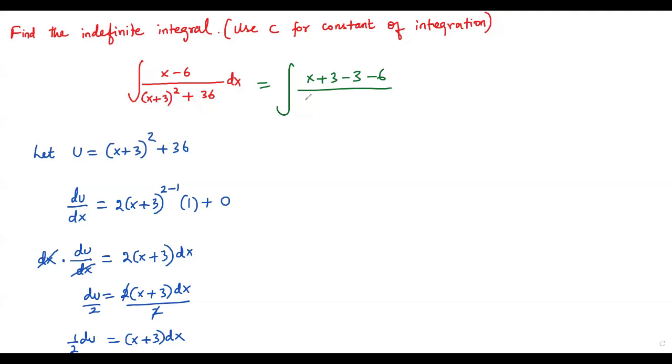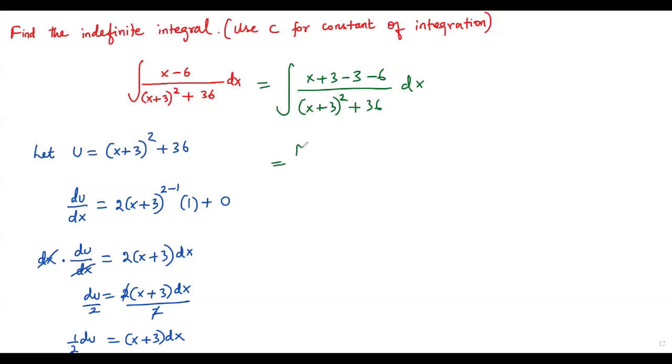Now let me write the denominator as it is, that is (x + 3)^2 + 36, times dx. So here I just write this x and the negative 6 as it is. What I did is I just added 3 and, to balance it, I subtracted 3. If I simplify this, it is still equal to the original x - 6.